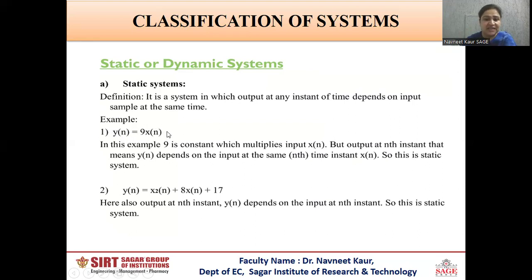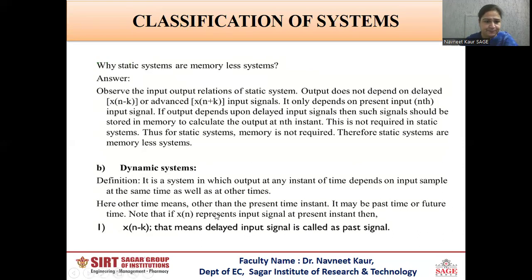So the system is a static system. That means it doesn't have a memory. Now, again, here the output at the nth instant depends on the input at the nth instant. So it is also a static system. So I can say that static systems are memoryless systems.